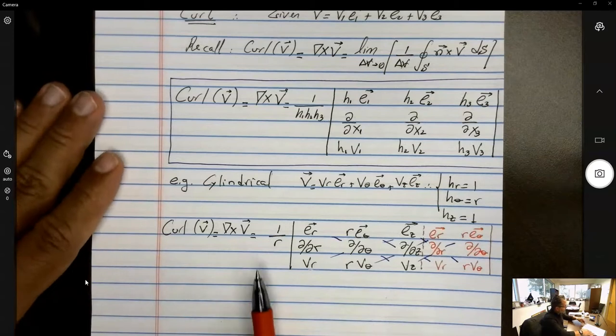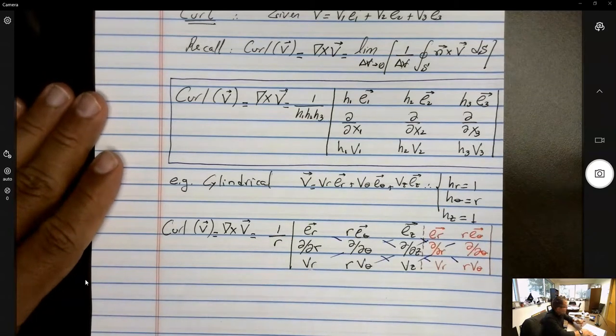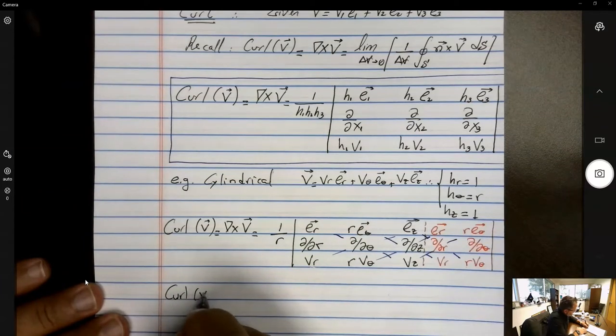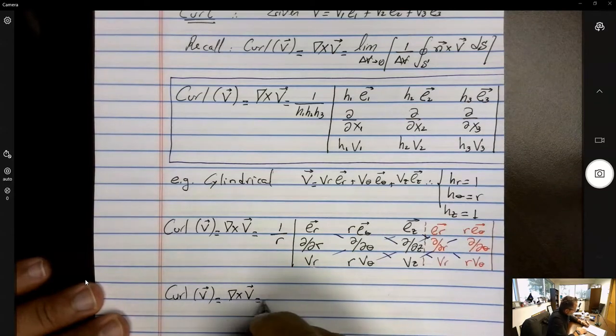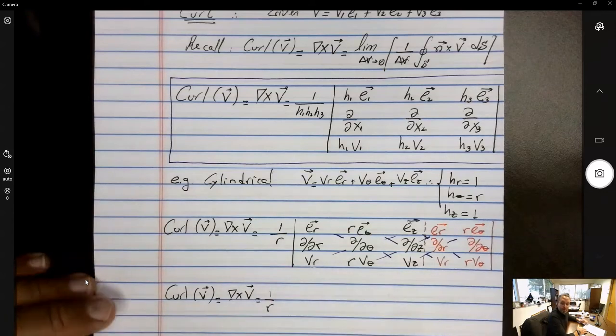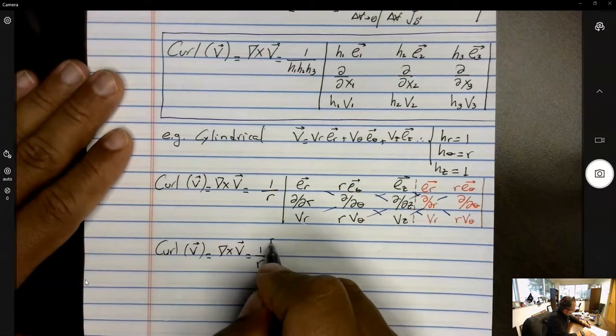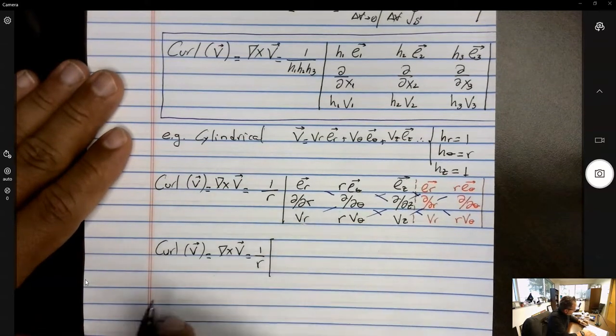And remember, all of that has to multiply 1 over r. So I get the curl of v, which is del cross v, and I'm going to do this in 2 steps: 1 over r, and a bracket, and let's do the r term.